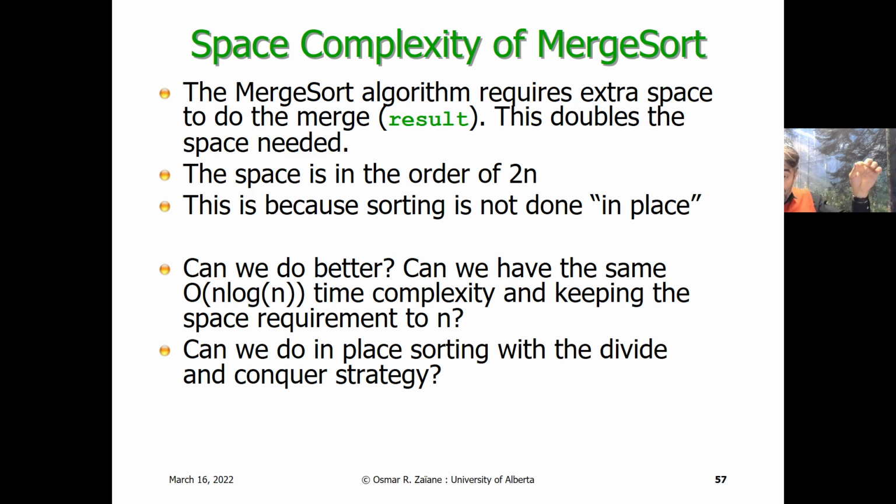N, the original container, and another n to do the merge and then copy them back. So yes, we have a very efficient algorithm in terms of comparisons, but it requires additional space. If we have a lot of space, it's not a big deal, but doubling the space is typically bad.